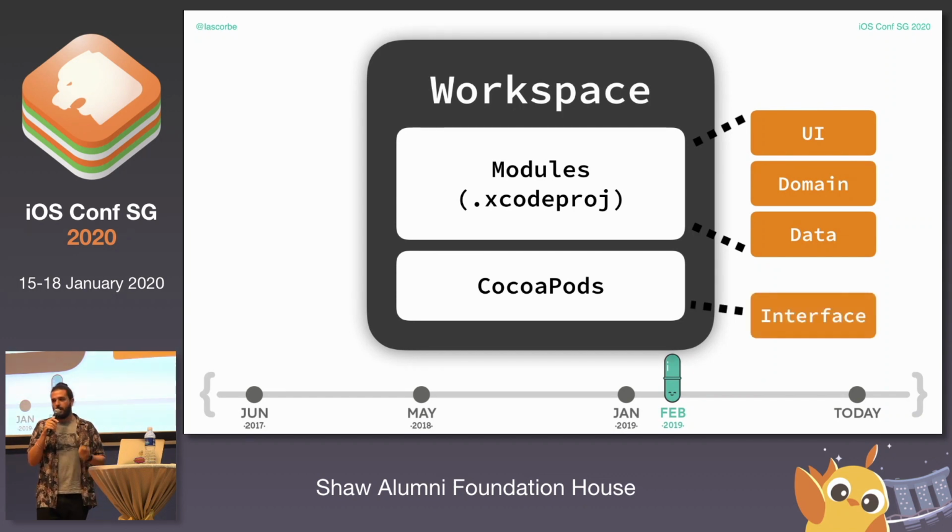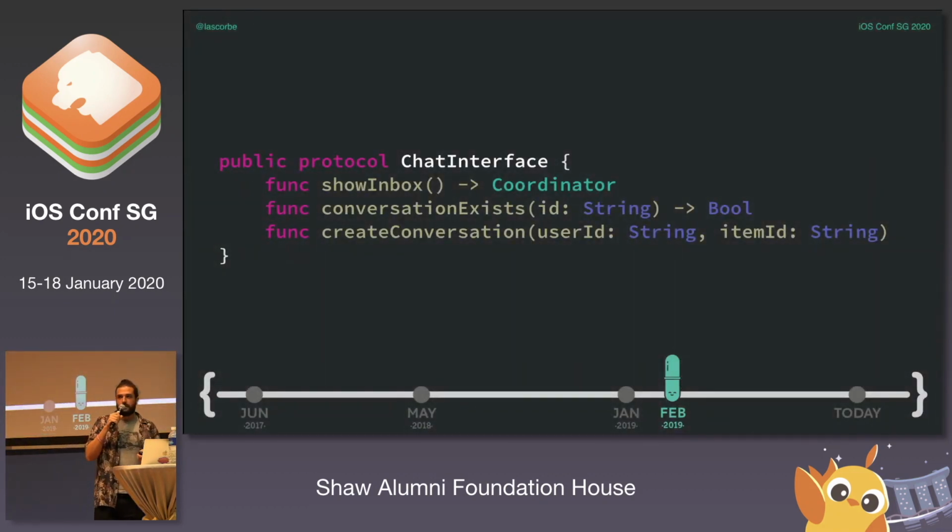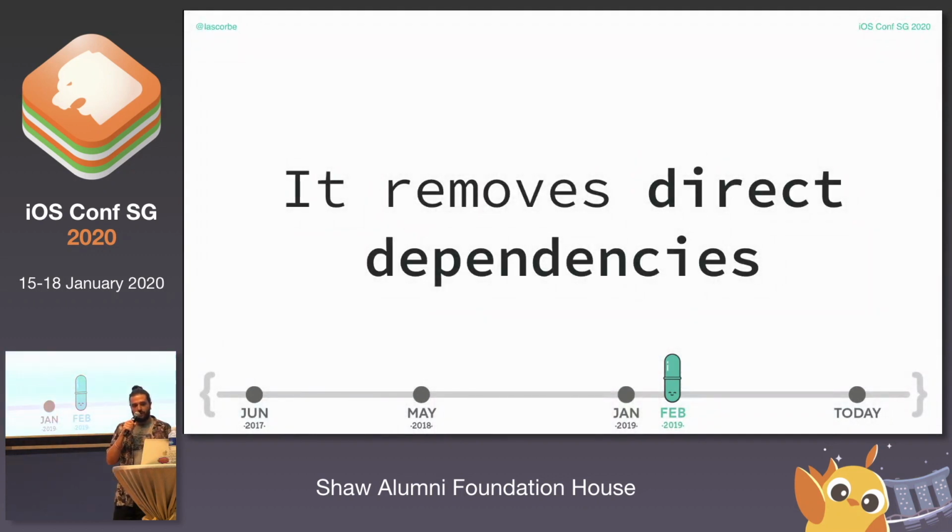So we introduced something new, which is the interface. What's the interface? It's just a plain protocol that exposes the public implementation of your model. So it's easily mockable, easily accessible from the outside, and you don't have to know anything about that model. So it removes the direct dependencies between models.